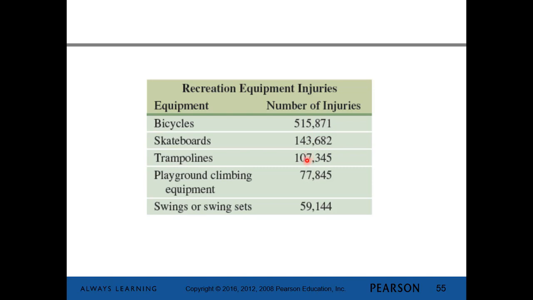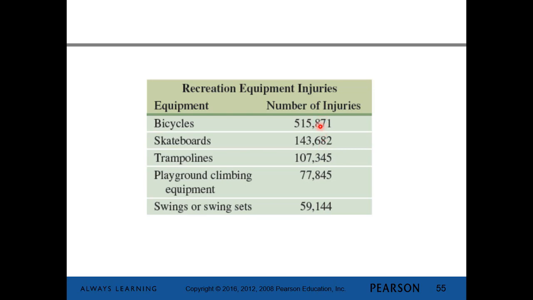878, 885, 893, 902,000, 903,000, 904,000, 904,600, and then you just keep adding.